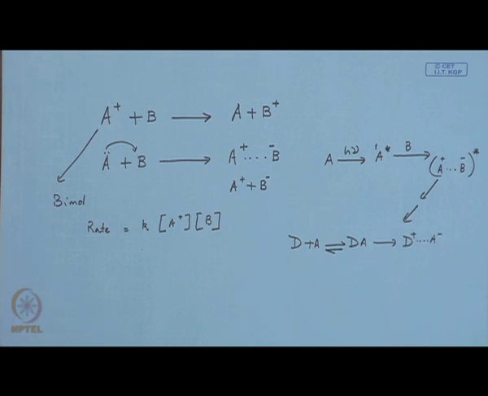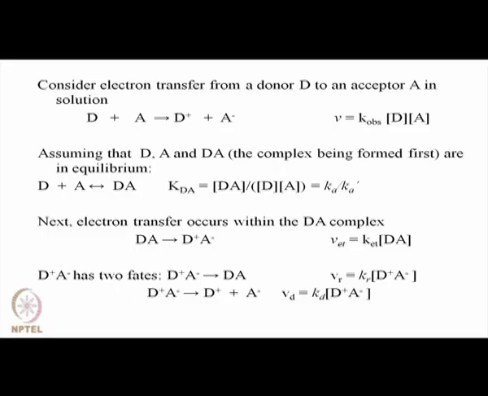Okay. So, the equilibrium constant will be K equal to [DA] divided by [D][A], which is Ka divided by Ka primed. Ka is the association rate constant and Ka primed is the dissociation rate constant.